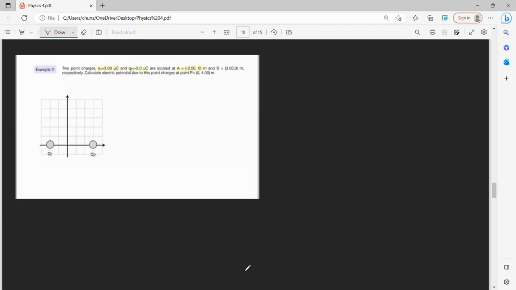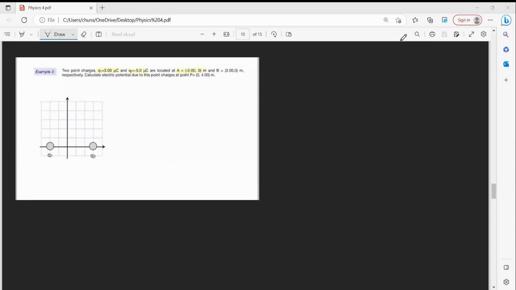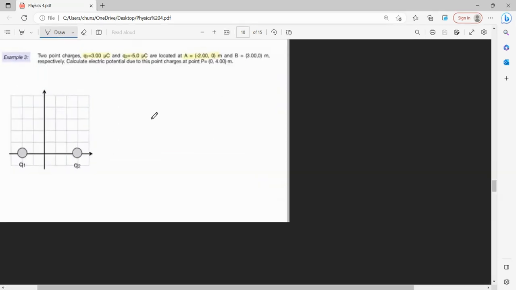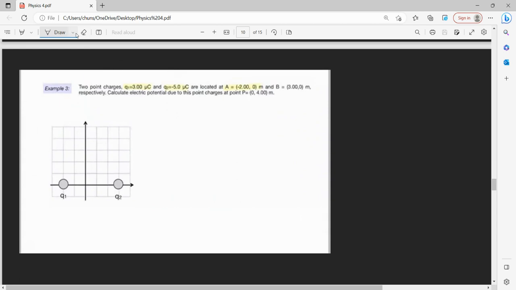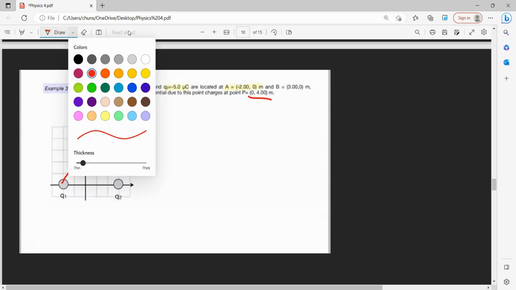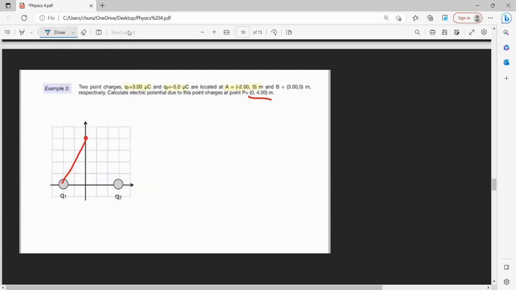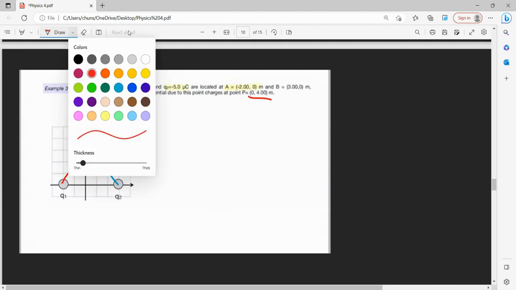Now let's take a look at this example here. In this problem, let's start out by labeling what we know. We are measuring at a point of 0 x and 4 upwards. So that means we are going to be taking into consideration both of these charges and what electric potential they cause due to their charge at this certain point.